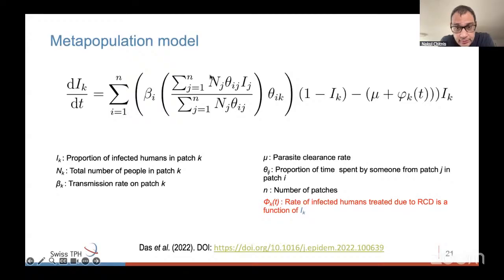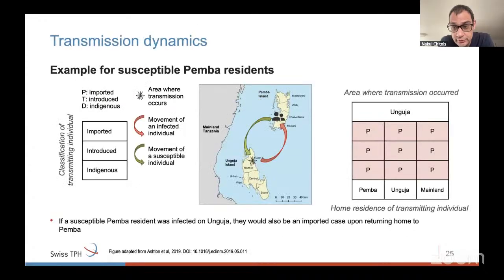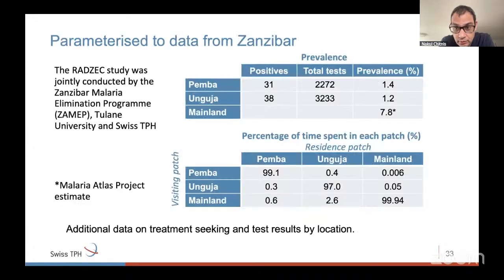We have the time that people spend in different places from the survey. So it's three parameters that we're fitting: the transmission rate for the 3 different areas, and we have three data points. So this works.